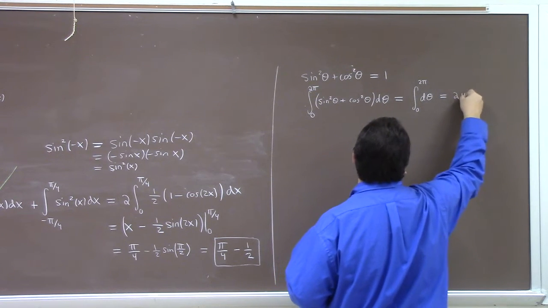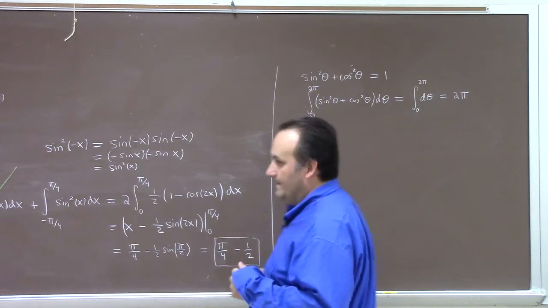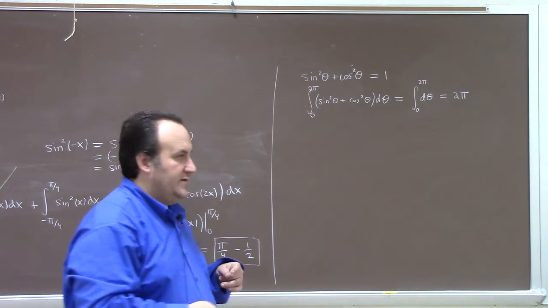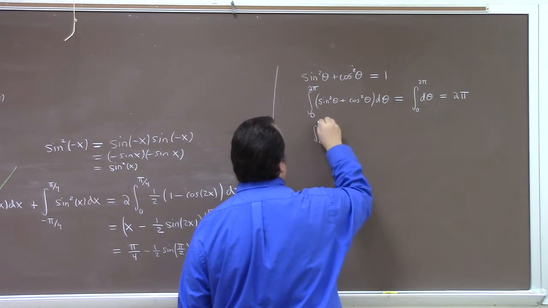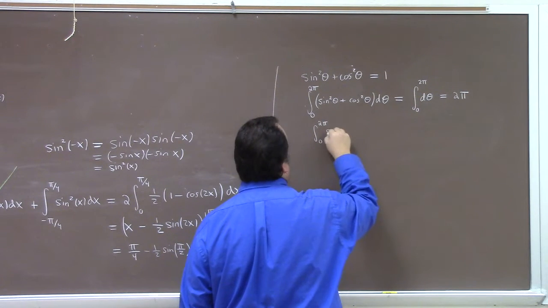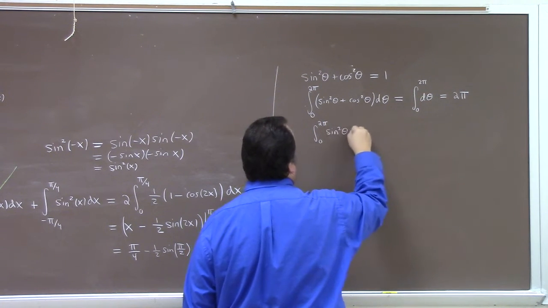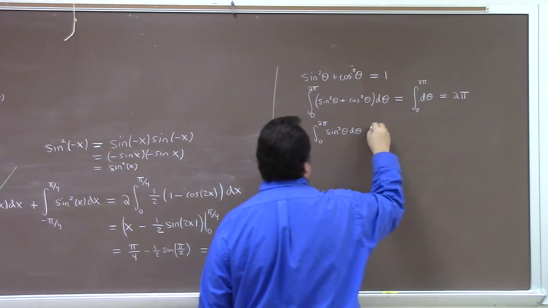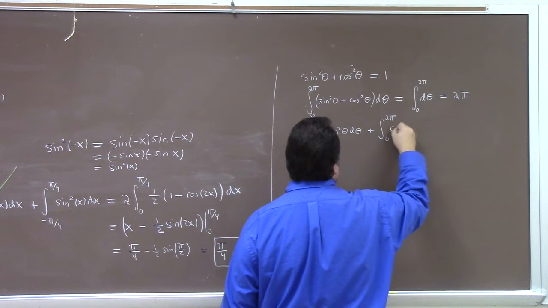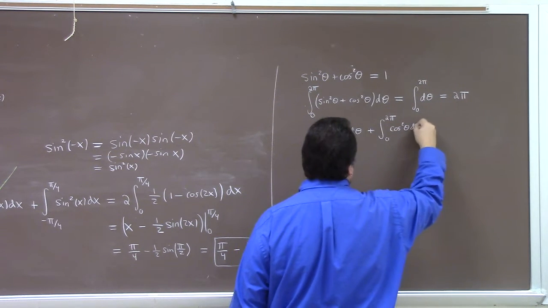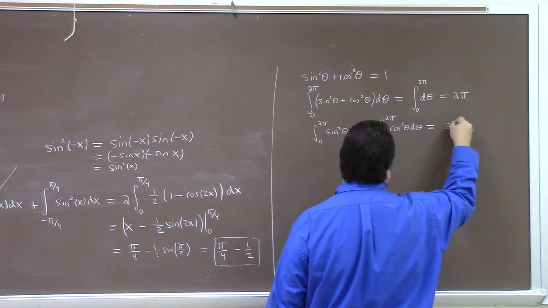Which is 2 pi. So this tells me, among other things, that the integral from 0 to 2 pi of sine squared theta plus the integral from 0 to 2 pi of cosine squared theta d theta is equal to 2 pi.